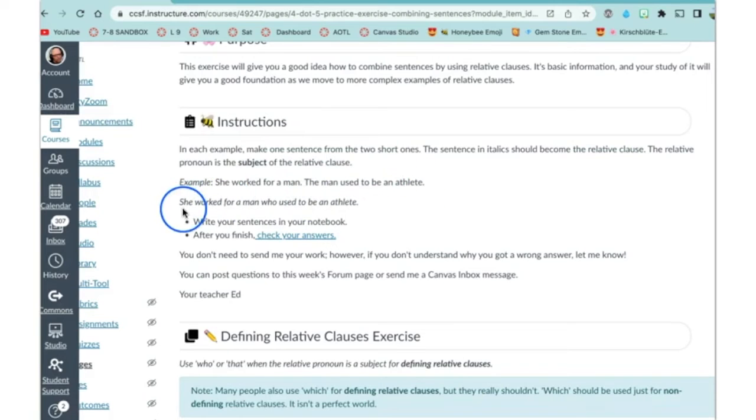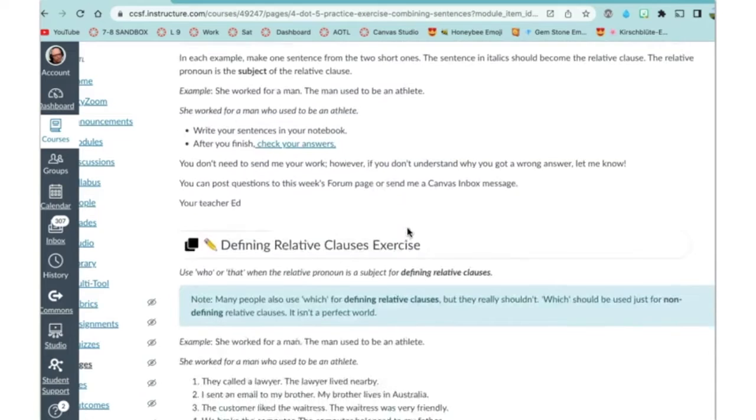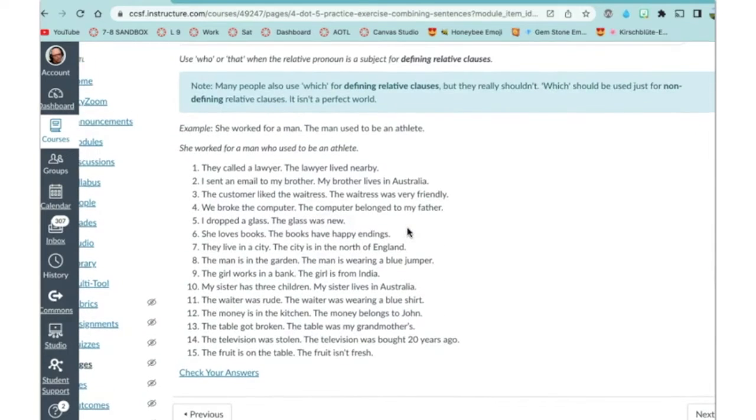And so that becomes combined into one sentence: She worked for a man who used to be an athlete. Who used to be an athlete is the relative clause, and who is the relative pronoun that replaces the second man.